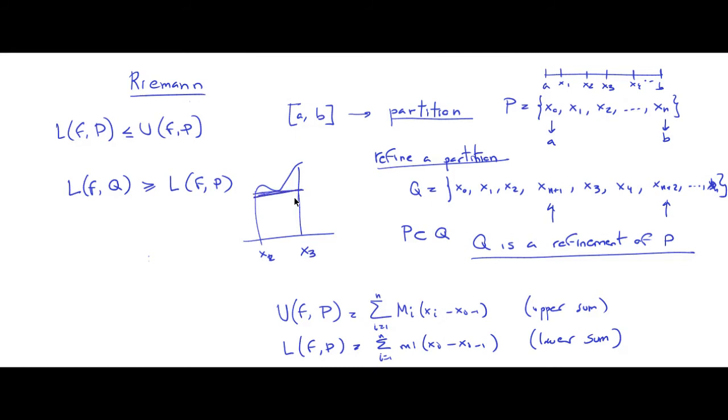But now in the new one, suppose we have xn plus 1 is here, the new lower sum in this case will be this plus this. So this area is going to be greater. At least it's going to be equal, but in many cases it's going to be greater. If you have more points, then the minimal value in some of the new intervals will be greater than the minimal value before.